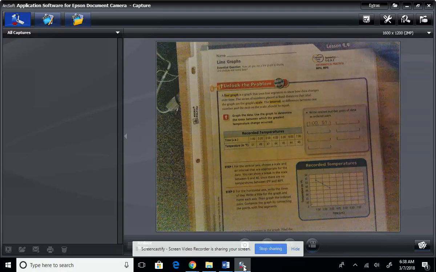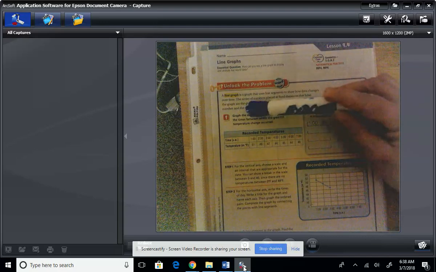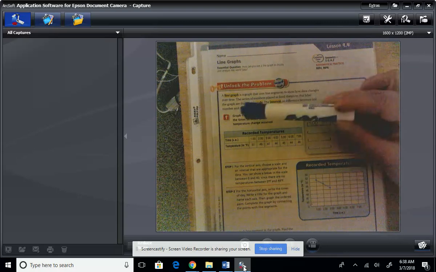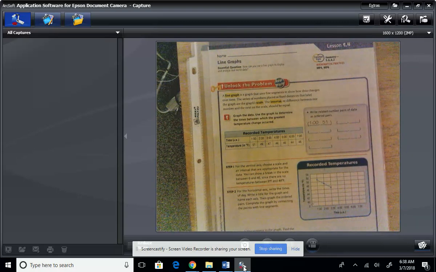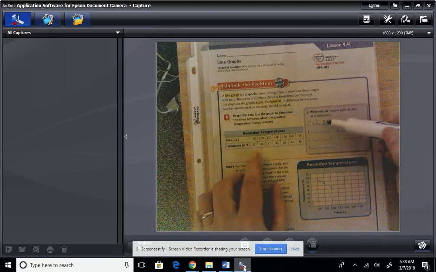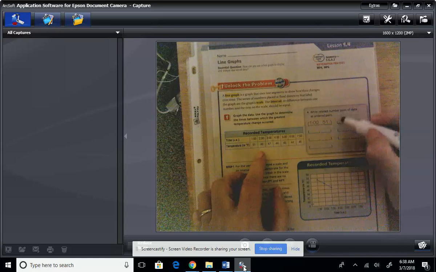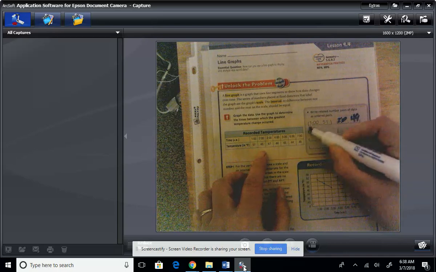All right, so graph the data. Use a graph to determine the times between which the greatest temperature occurred. First we have to put them in ordered pairs, which is 1 minute to 51. I don't care how you do it. 2 minutes to 49. 3.